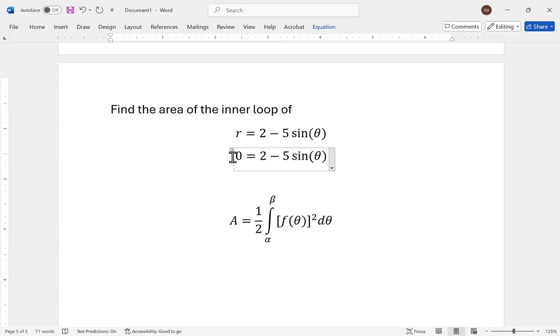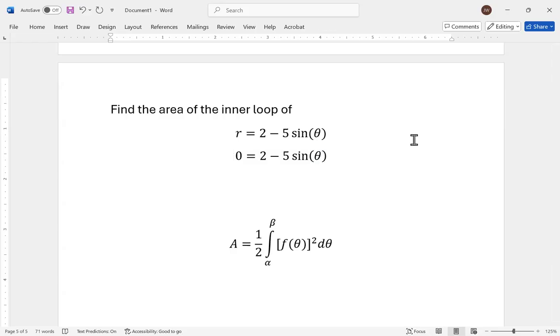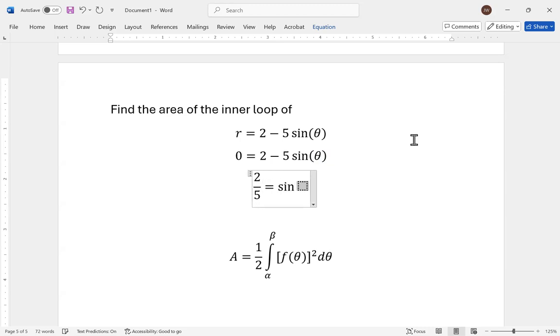Well, r becomes 0 if I subtract 2 and then divide by -5, when sine of theta is 2/5. Well, that is not a really nice numerical value.